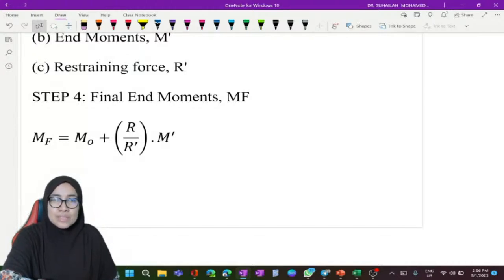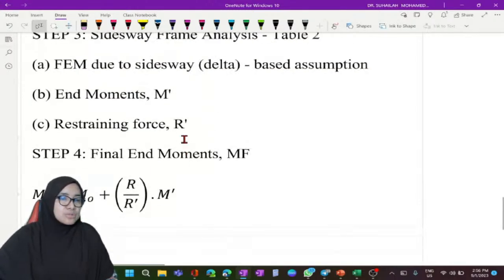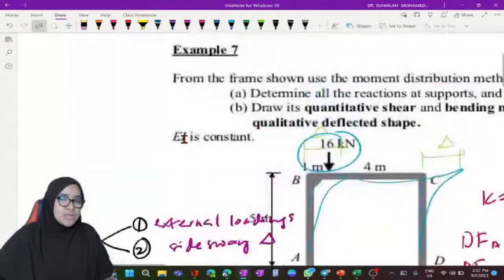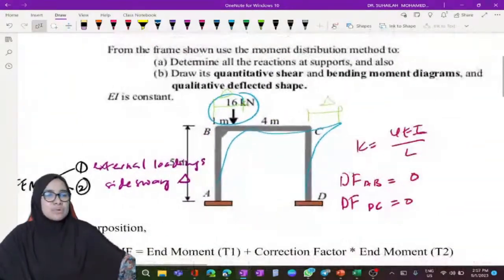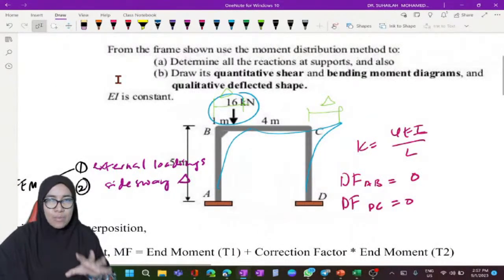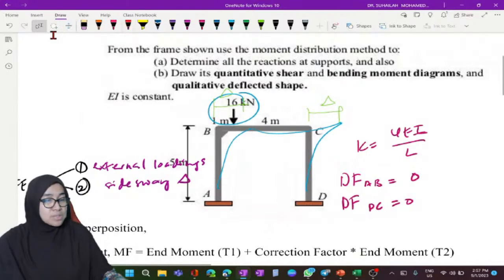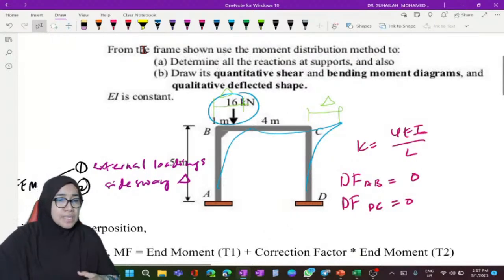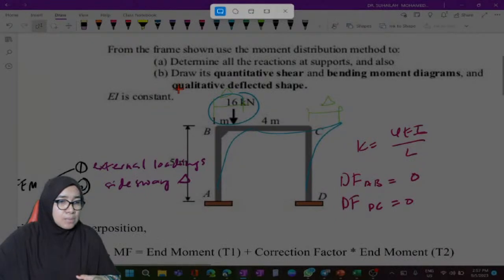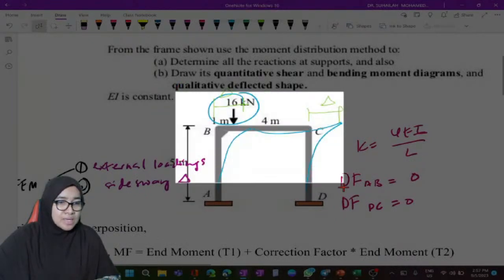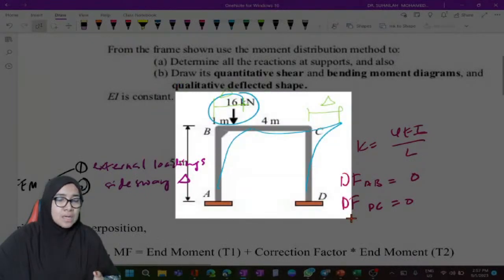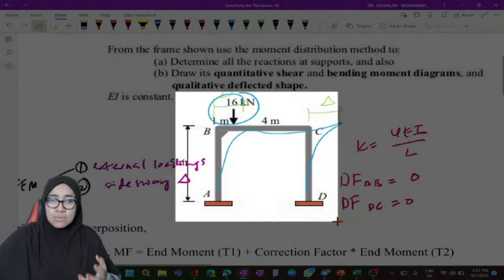We will start with the first step, calculating stiffness factor and distribution factor. Okay, so in order to do that, I will copy this and put in Excel because I want to calculate the member end moment in Excel, because this moment distribution method is actually one of the famous methods in the world.